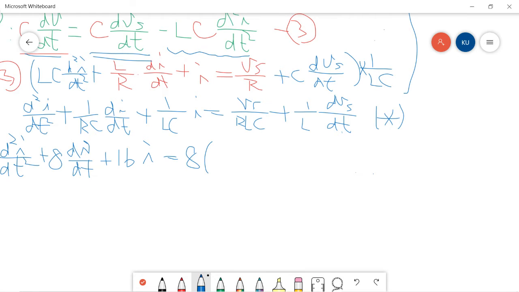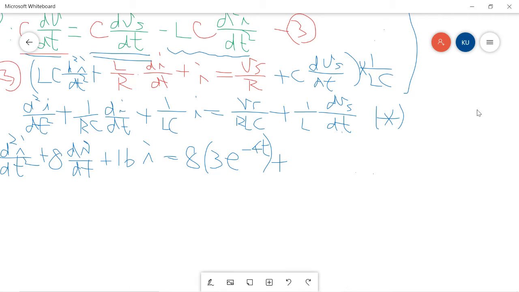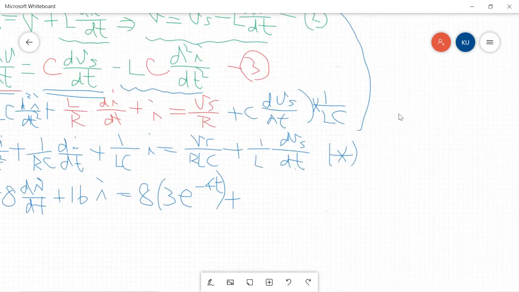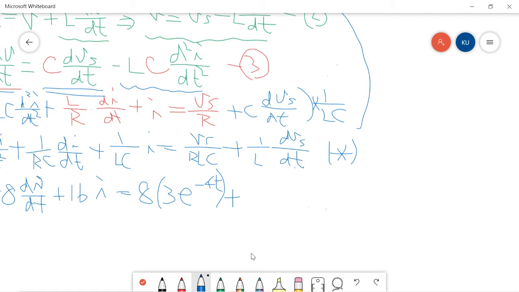So we have 3 times exponential to minus 4t, and then 1 over L is 1. And then the first derivative of this one, which is this one, so we have minus 12 exponential to minus 4t. So we have 24 minus 12, which is 12 exponential to minus 4t.